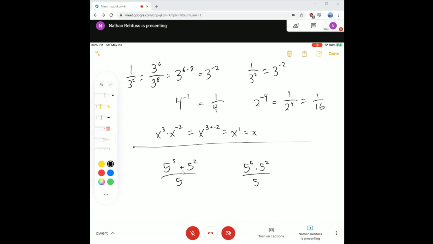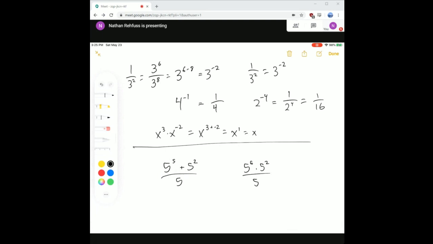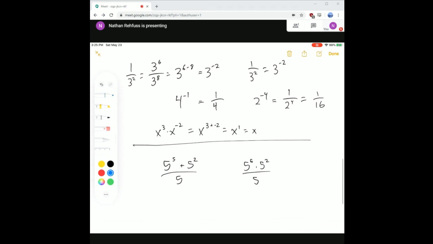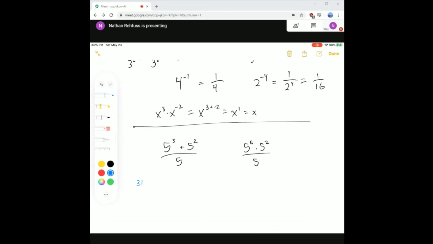See, the first one, oh geez, 5 to the 5th, that's a big number. It's 3125, it turns out. So if I want to just solve these numerically, I could write that this one is 3125, 5 squared is 25, all divided by 5.